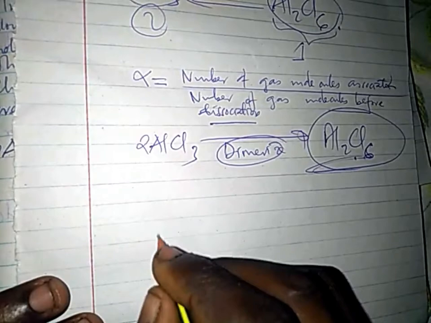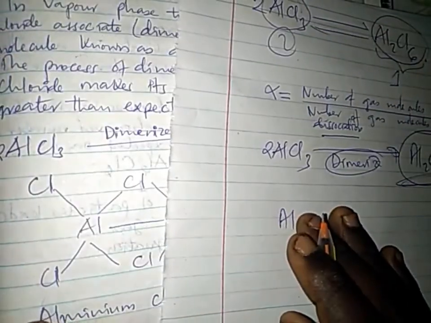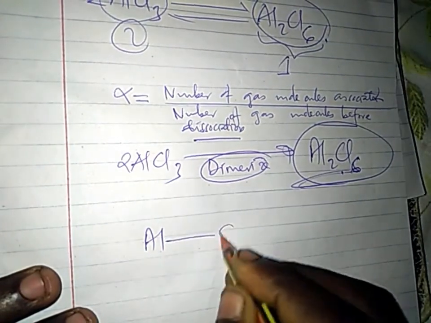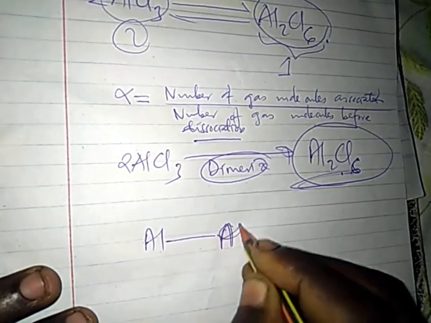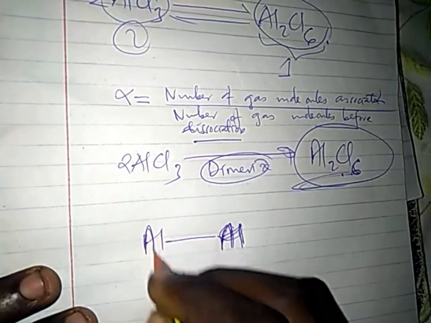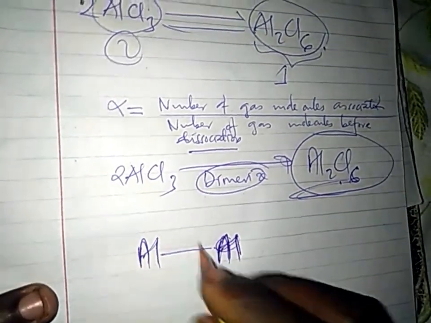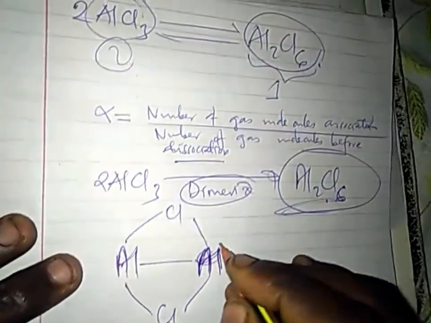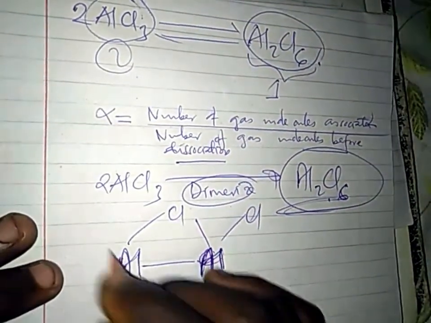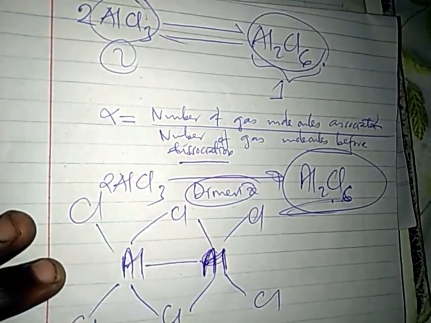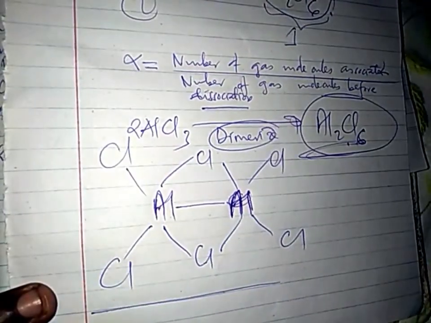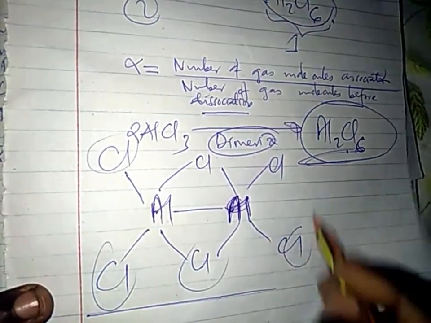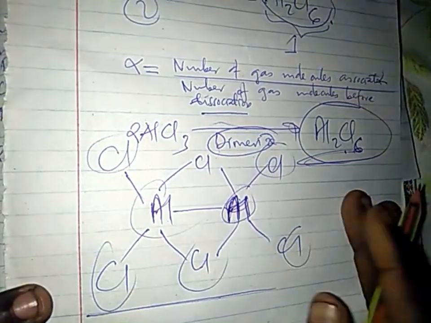If we draw aluminium chloride and it dimerizes, we get one aluminium here and another aluminium there, with chlorines bonded around them. This is the structure of the dimerized molecule. As you can see, chlorine 1, 2, 3, 4, 5, 6, and then we have 2 aluminiums.